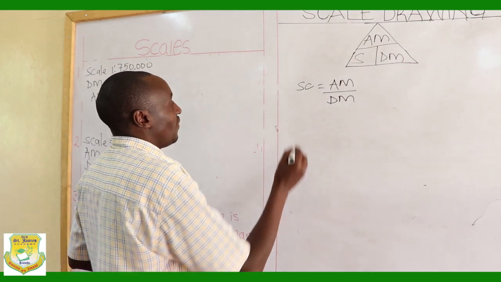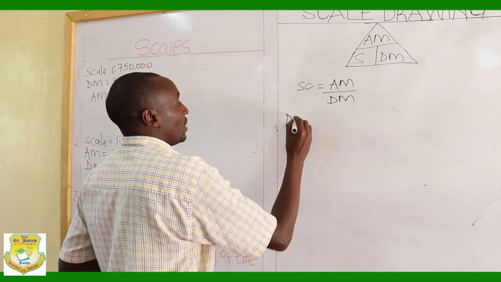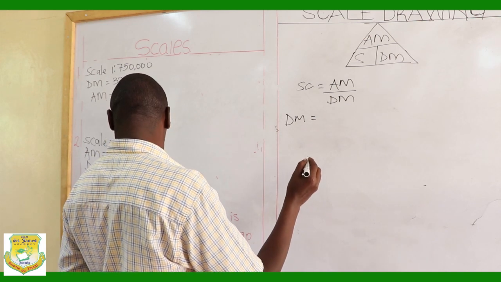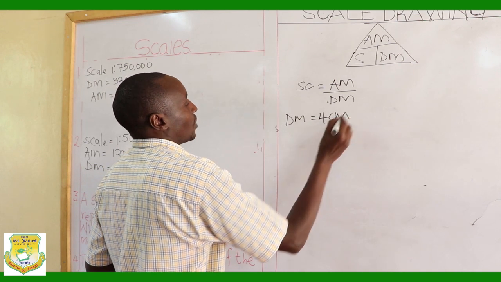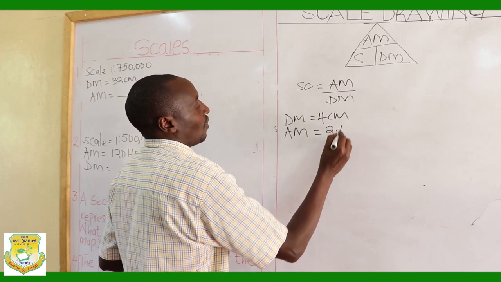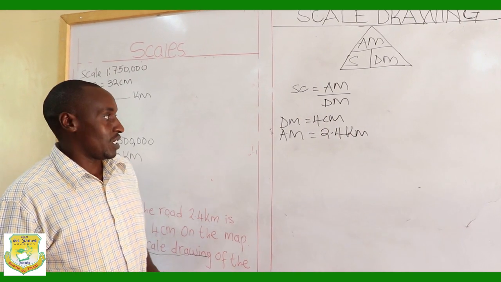So we write what we are given. Drawing measurement is equal to 4 centimeters. Actual measurement is equal to 2.4 kilometers. So we work out.